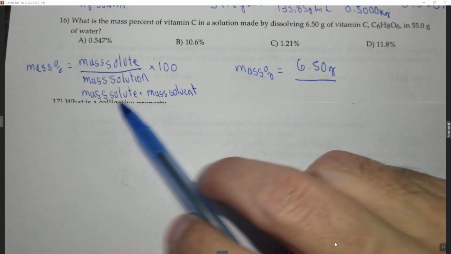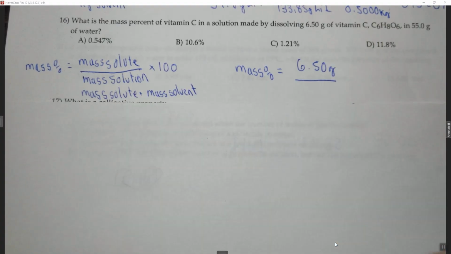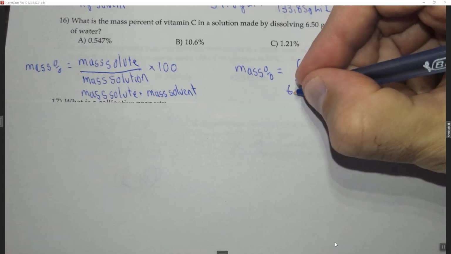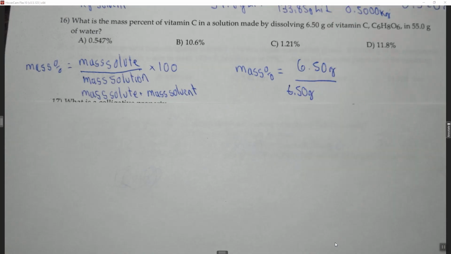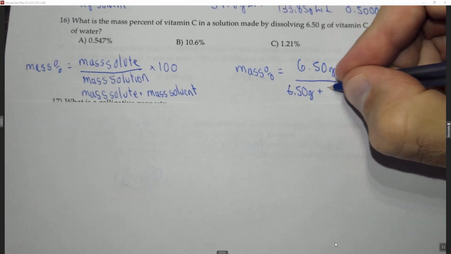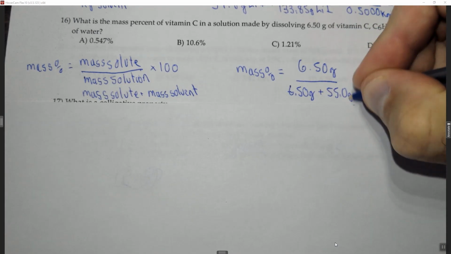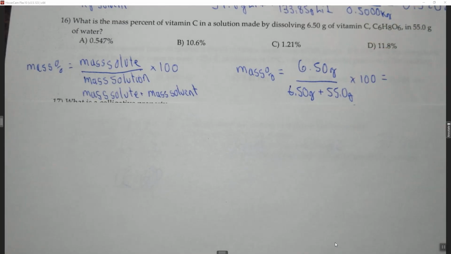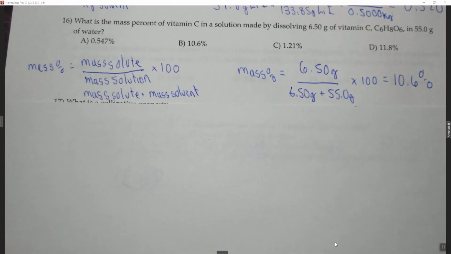So we need to use this bottom way of doing it as opposed to directly plugging in the mass of the solution. Specifically, we need to take the mass of the solute, 6.50 grams, the mass of vitamin C, plus the mass of the solvent, in this case water, the 55 grams. And we multiply by 100, and when we do that, we find that this is a 10.6% vitamin C solution, which is choice B.